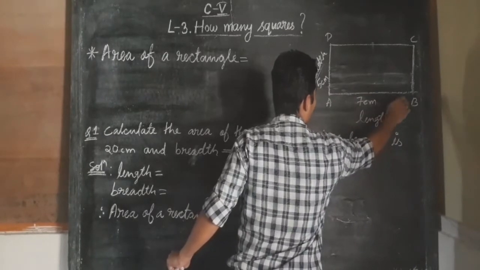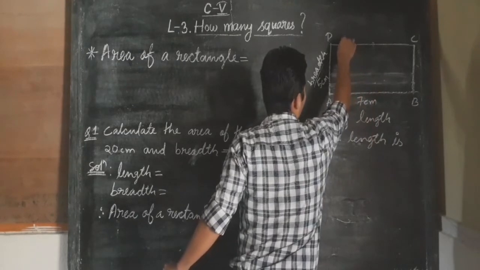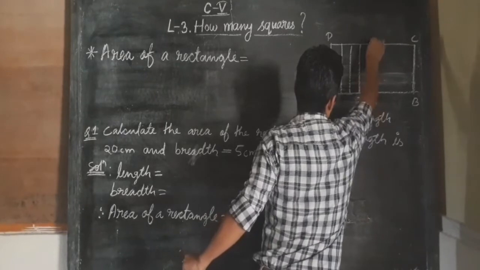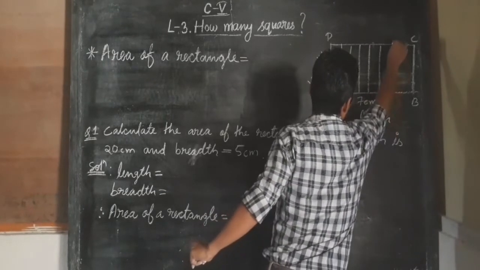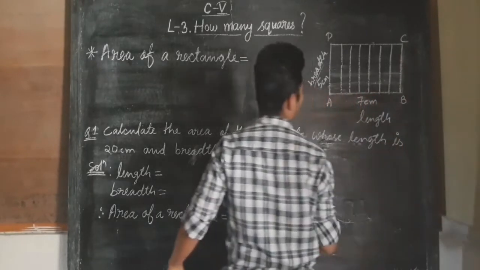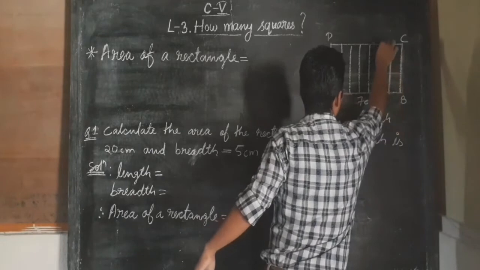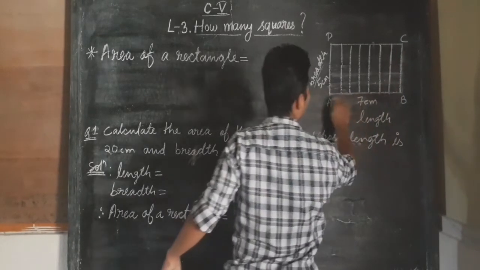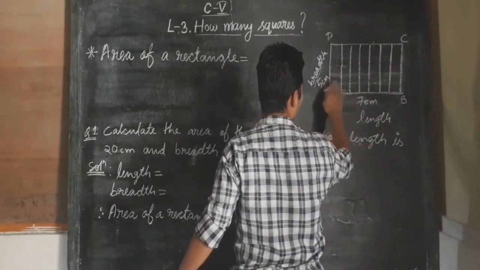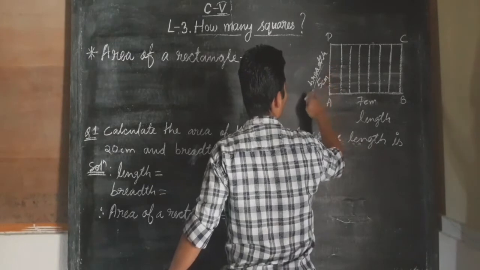So we will divide this length into 7 parts. You can see 1, 2, 3, 4, 5, 6. So we have divided this figure into 7 parts lengthwise, and we have to divide this figure into 5 parts, because its breadth is 5 centimeter.